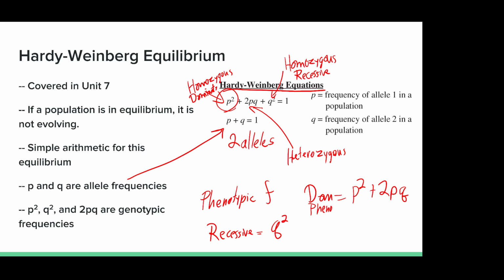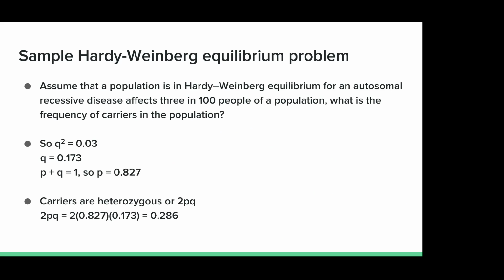Okay, with that in mind, let's move on to a sample problem. I was supposed to do this in parts, but that happens. Assume a population is in Hardy-Weinberg equilibrium for an autosomal recessive disease that affects 3 people of 100, meaning 3 out of 100 have the recessive disease and 97 of 100 do not. What is the frequency of carriers, heterozygotes, in this population?